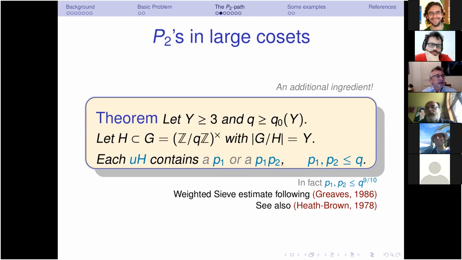You just use standard weights of Grids. I mean, the only thing is that the distribution level is larger than what you expect, because you don't multiply by q, in fact.